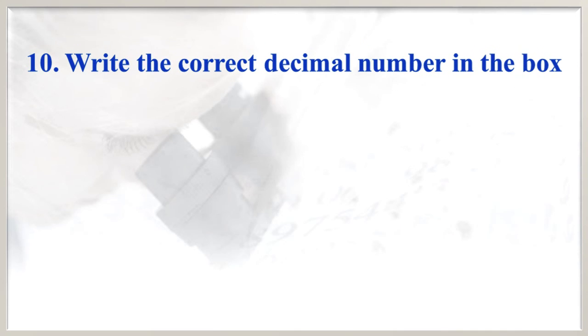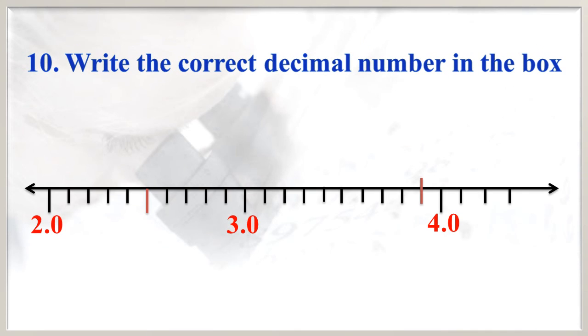Write the correct decimal number in the box. Given the number line, between 2.0 and 3.0 there are 10 portions, and between 3.0 and 4.0 there are 10 portions. So now we want to find the box. What is that number, isn't it? Yes.